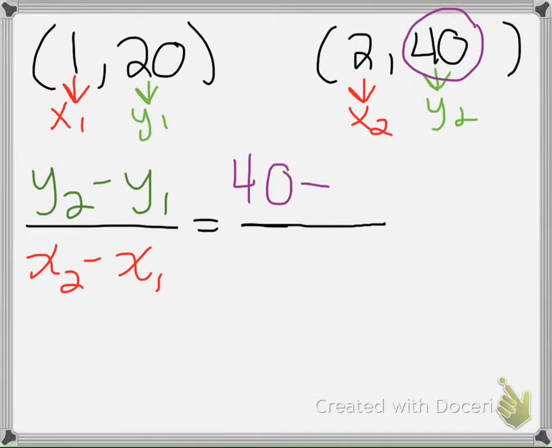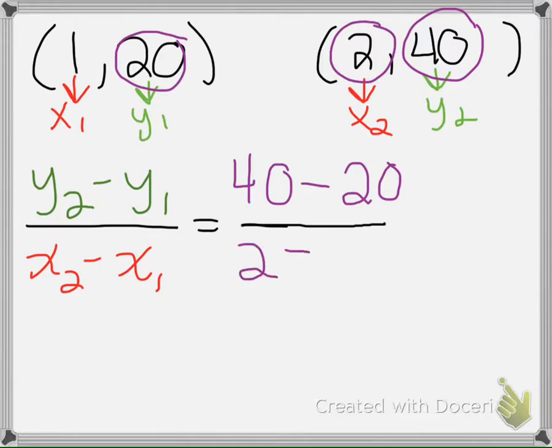Look for y1. We labeled y1 as 20, so I'm going to write 20. So now it's 40 minus 20. Then you go down to the denominator. x2, we labeled 2 as x2, so you write 2. Minus, and then for x1 we labeled 1 as x1, so we write that there. So now we have 40 minus 20 over 2 minus 1.